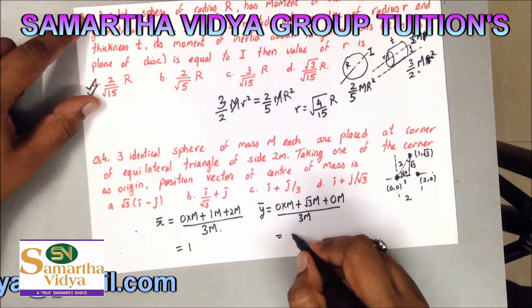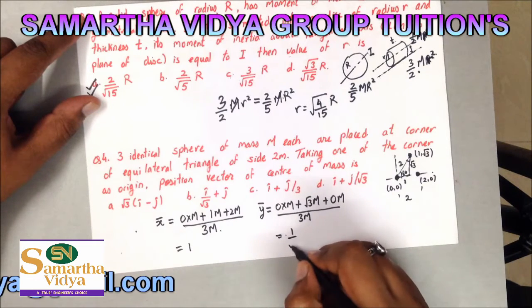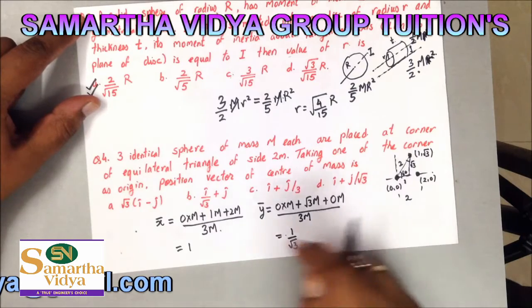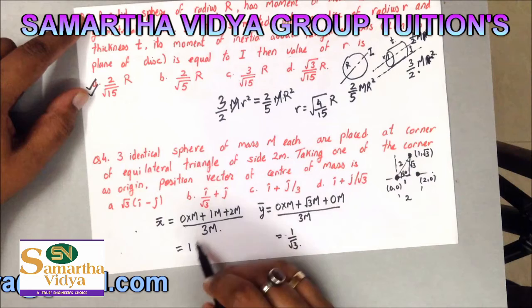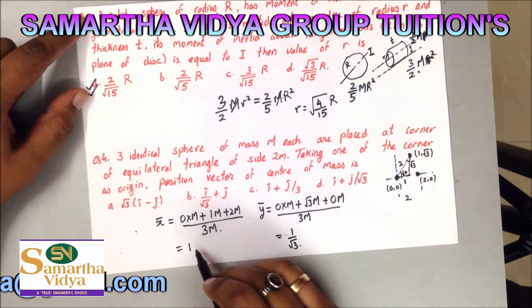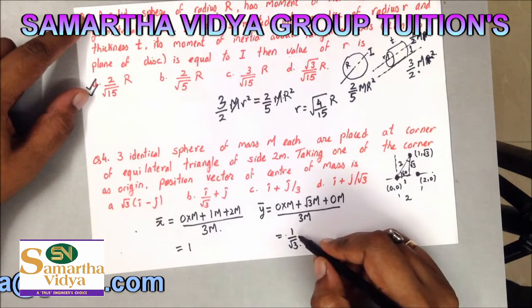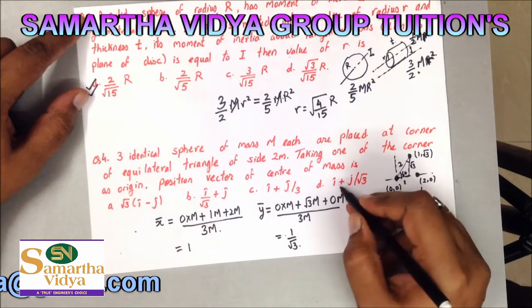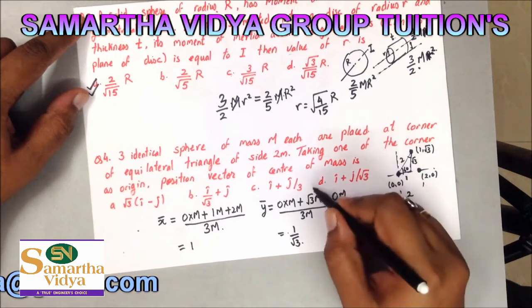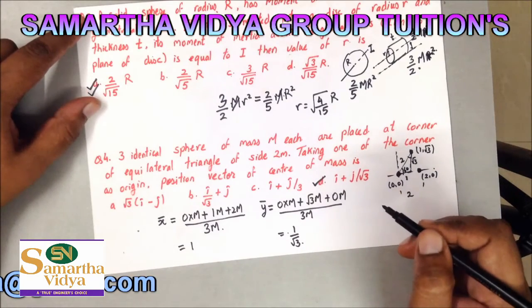So the calculation we get it as 1 by root 3. Now they are asking us in the ijk form, ij form. So we know the unit vector along x is i, and the unit vector along y is j. So you can see it's of this particular form, that is 1, 1 by root 3, that is i plus j by root 3, that's D.